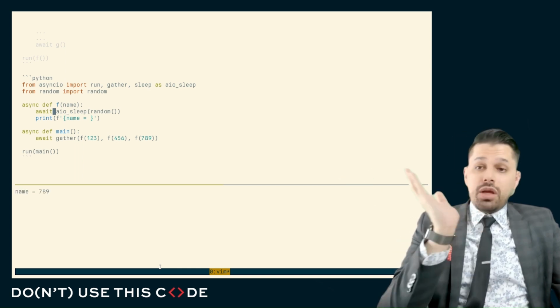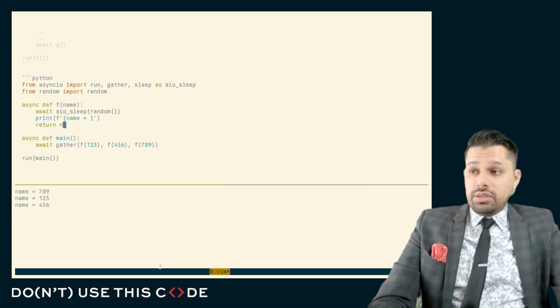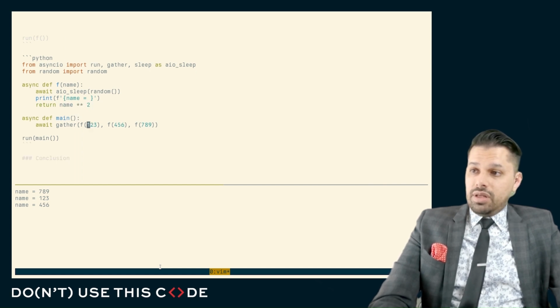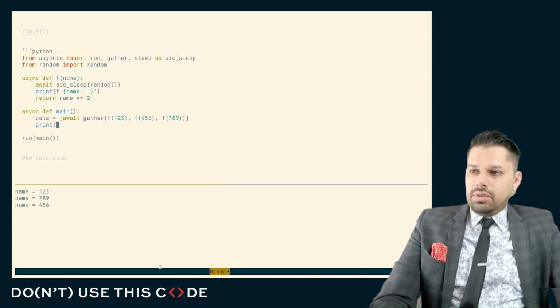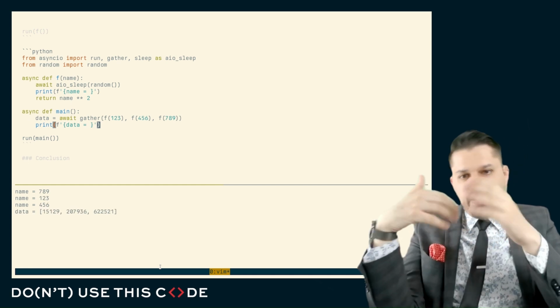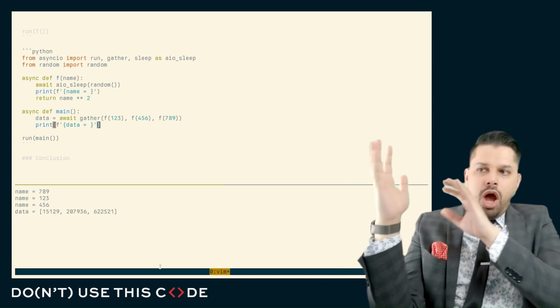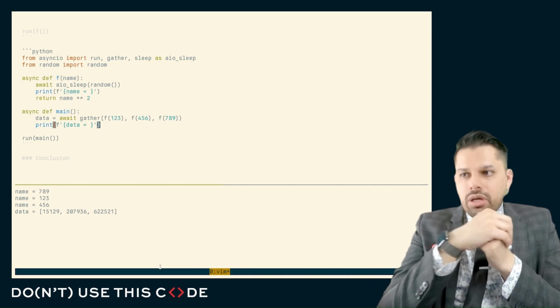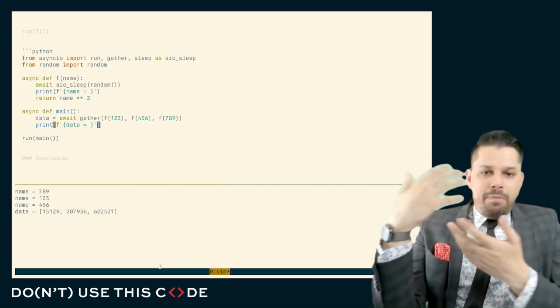Well, if these things return some data, we get that data back from gather, and we get it in a list that is guaranteed to preserve the ordering of these results. So even if they run in some non 1, 2, 3, 4, 5, 6, 7, 8, 9 order, the results that we get back match that original order.